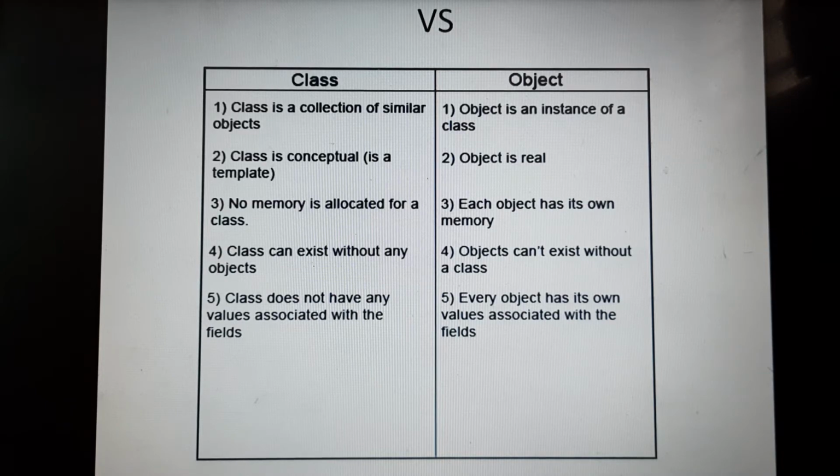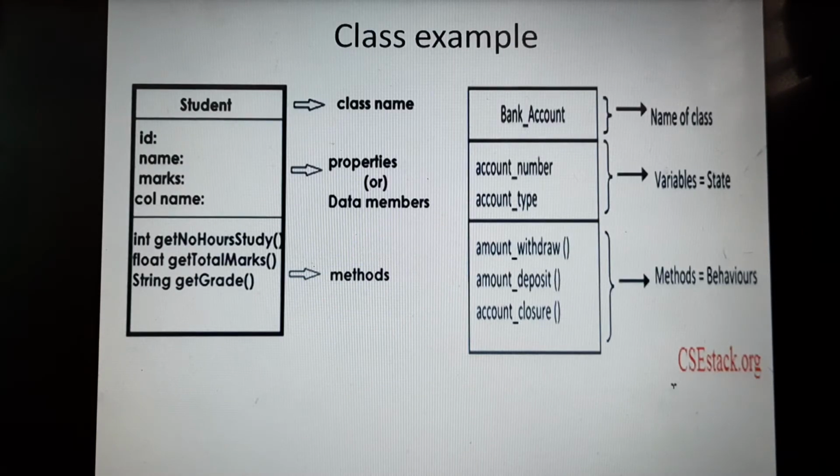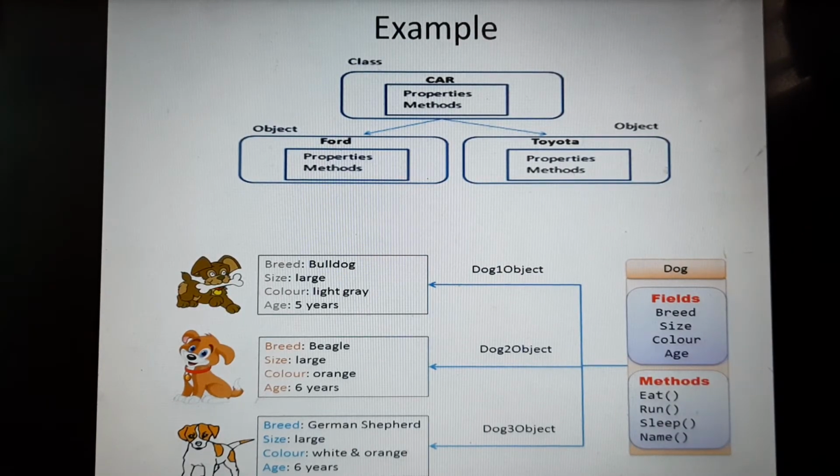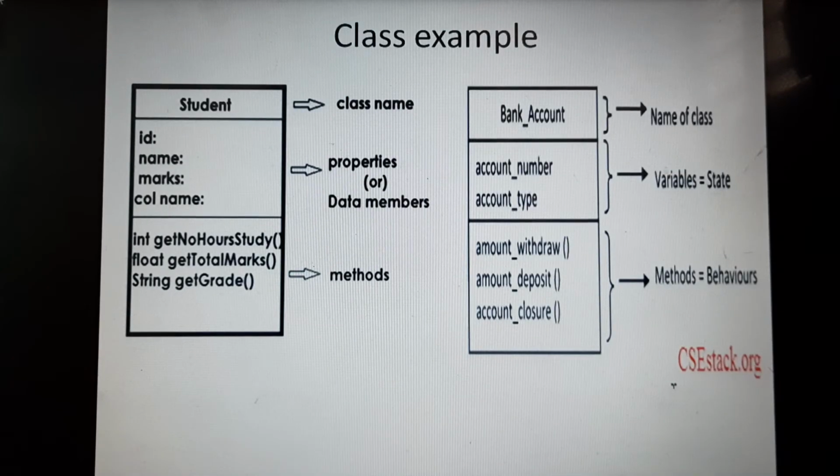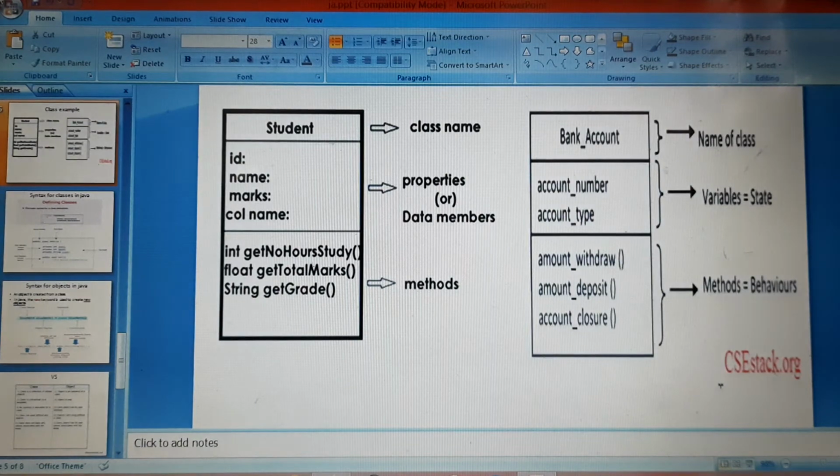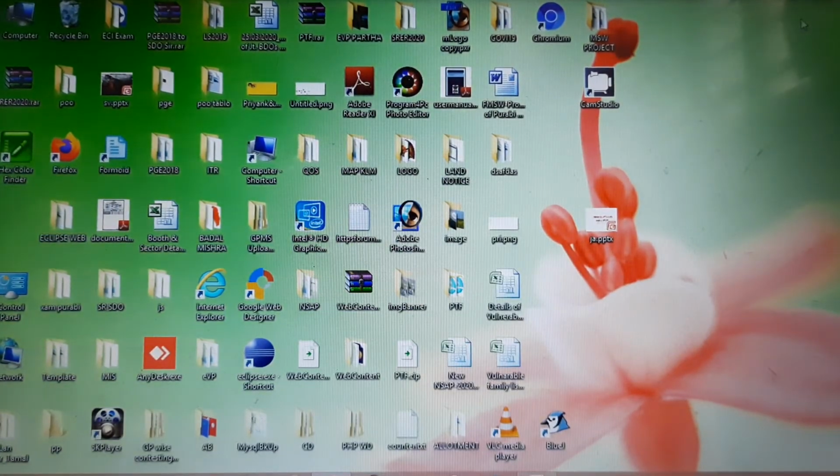Now after going through the whole concept, we will go to our practical class. So how will the practical class be? To learn the details of this programming concept, we use the Java compiler BlueJ.